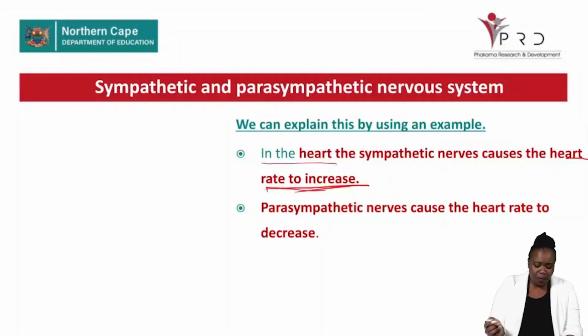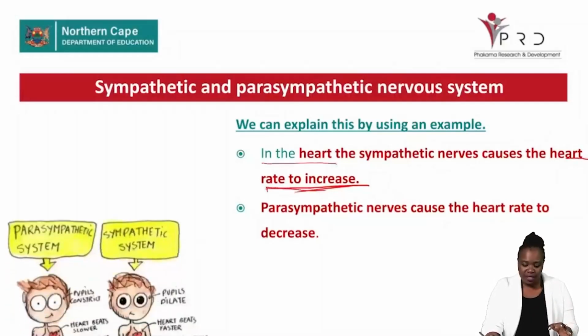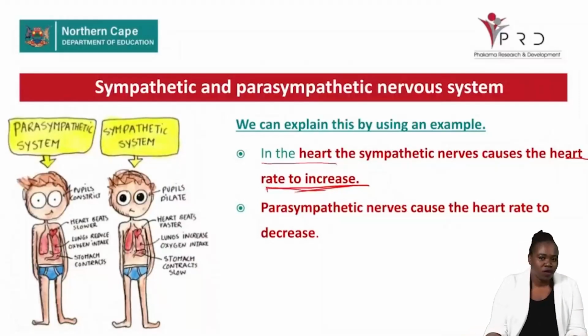Now, with the parasympathetic, you would feel that your heart rate has decreased. Your heart is no longer pumping as fast, and that means that you do not need to provide all of those cells with a lot of oxygen at that time, because your body is now in a relaxed mode. So we can see here, if you are scared, your pupils would be dilated.